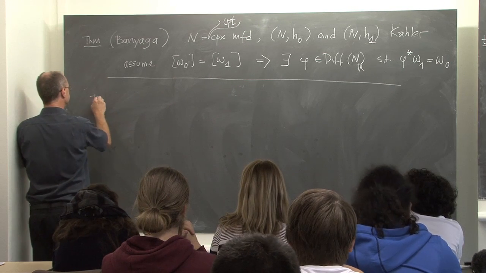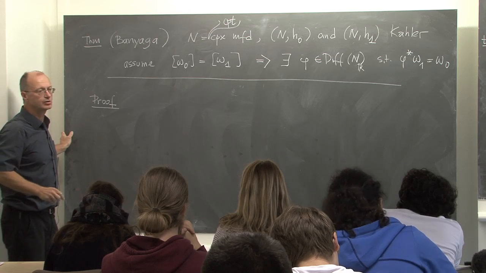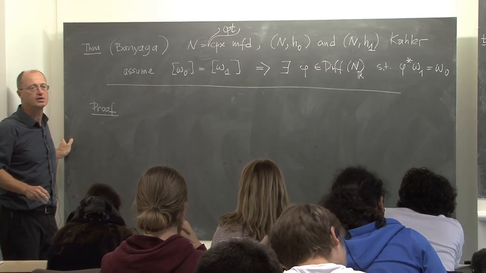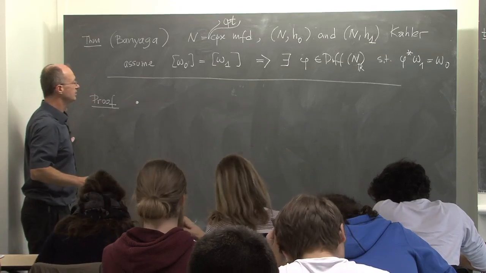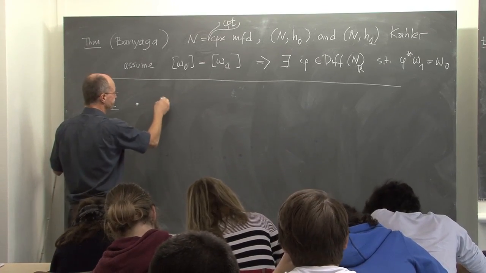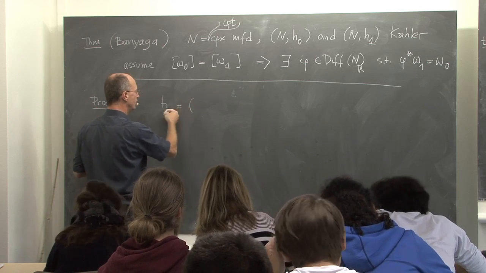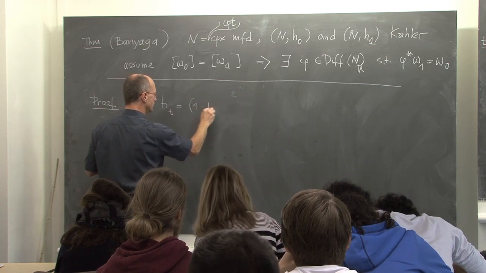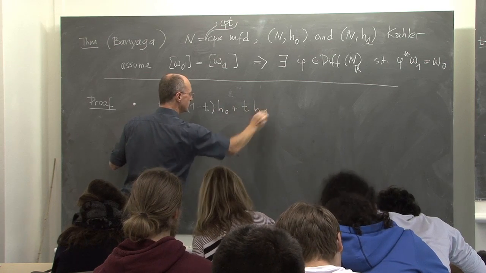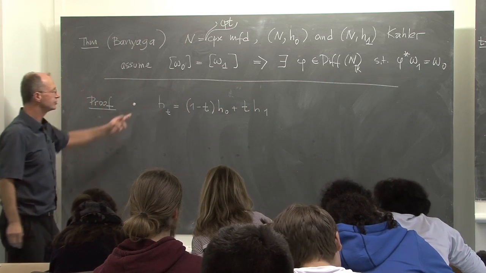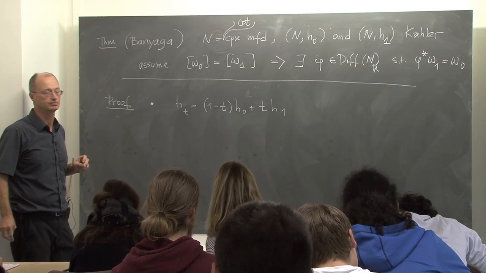So why is it the case? It's a combination of the Moser lemma and one more consideration. So what's the consideration? Let's introduce an interpolation between the two Hermitian structures that we have now.